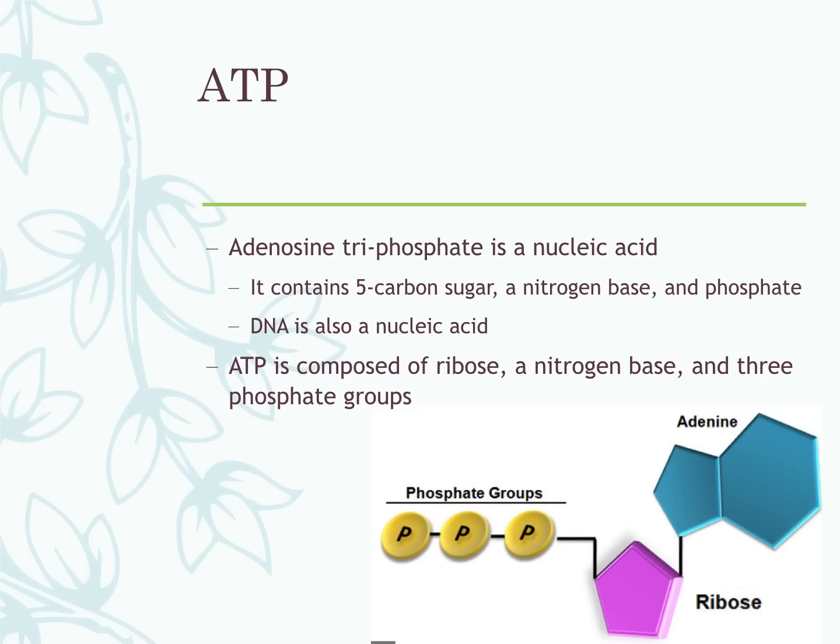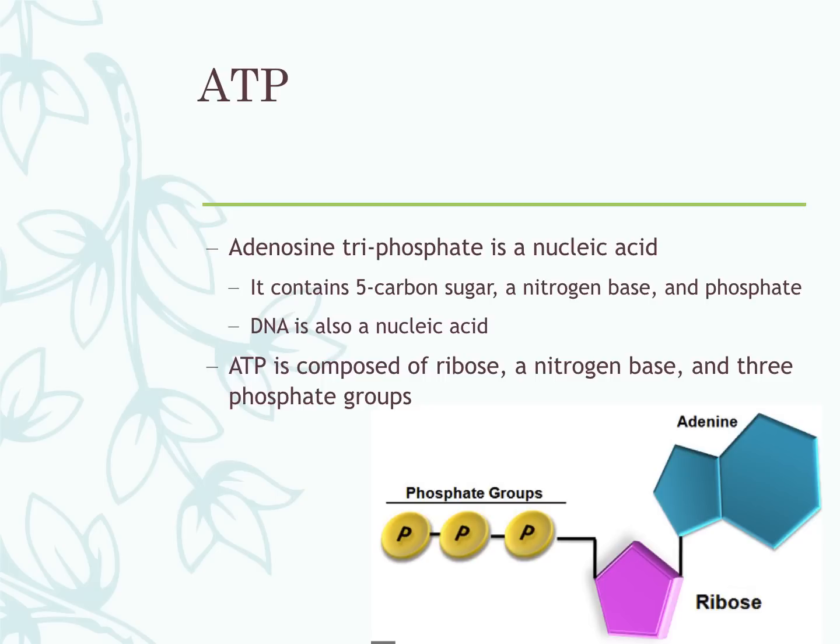ATP stands for adenosine triphosphate. Now, adenosine triphosphate is a nucleic acid, which is one of the organic molecules that we talked about in Unit 1. So the structure of a nucleic acid in general is a 5-carbon sugar, a nitrogen base, and a phosphate group. DNA is one of the other nucleic acids that we've talked about.